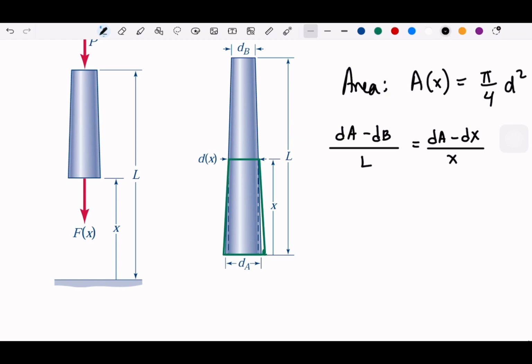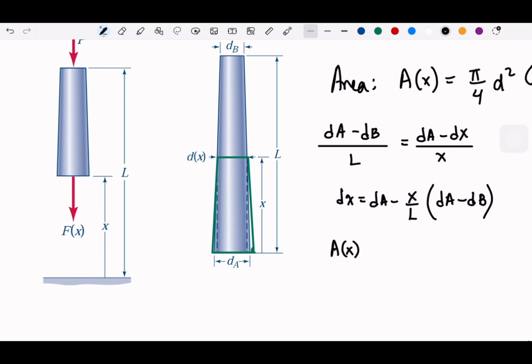Now if we solve this ratio in terms of dx, I will write the final result: dA minus x over L, times dA minus dB. So then the area from this dx is pi over 4 times the diameter, dA minus x over L, and this will be squared.